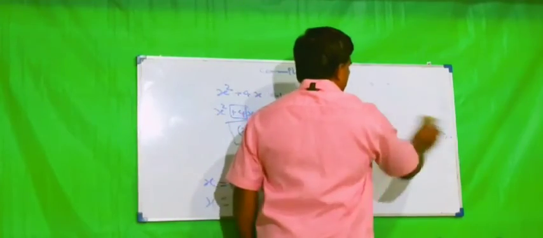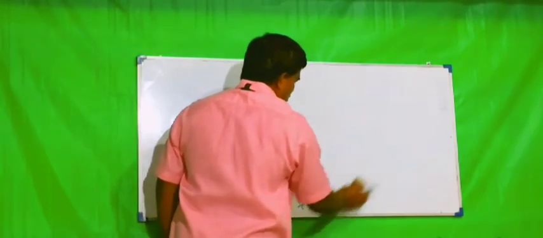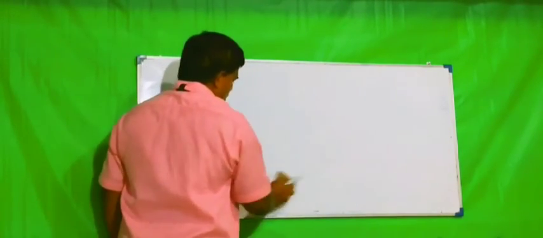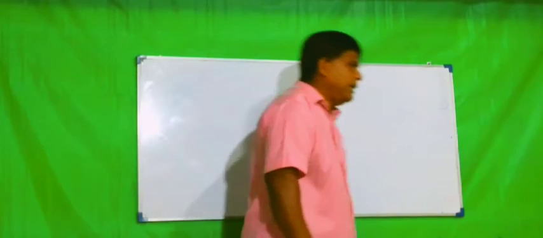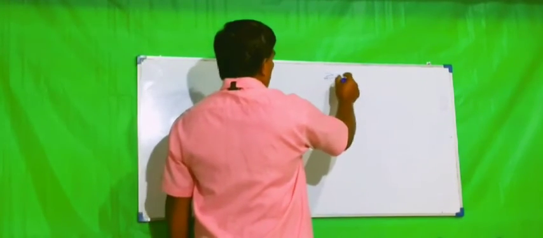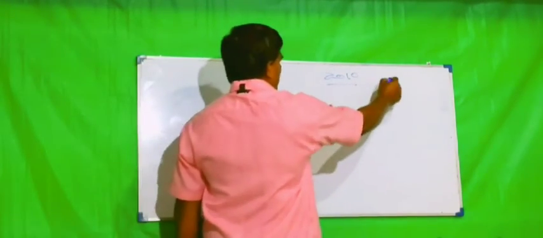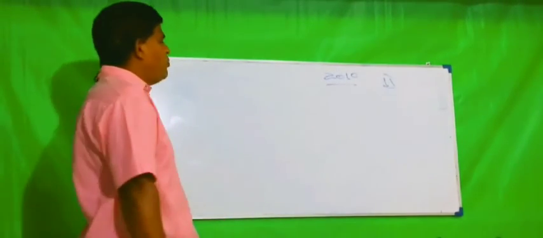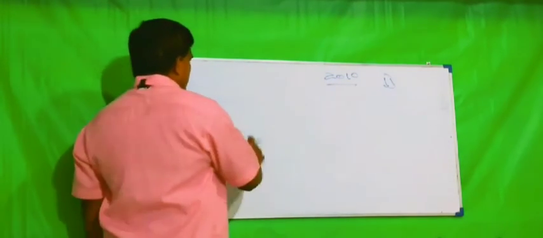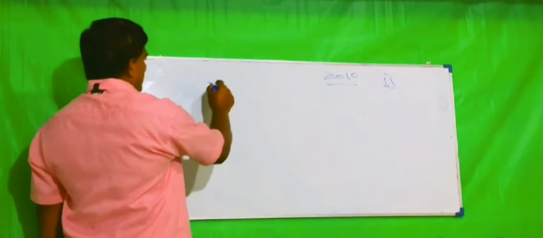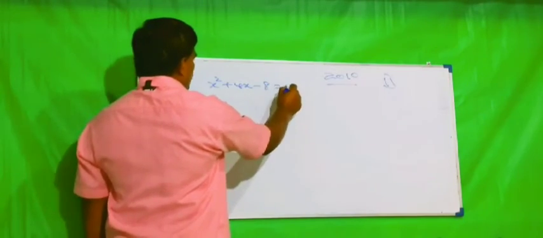So if we take another equation from the national paper in 2010, the second paper, if we inspect this national paper of 2010, then we can find an equation as x squared plus 4x minus 8 equals 0.